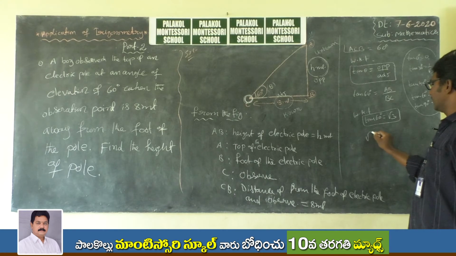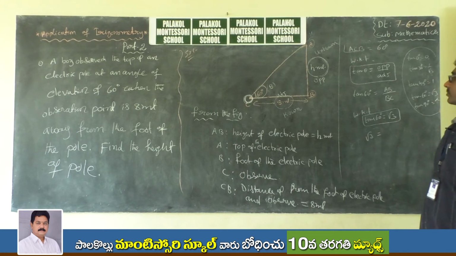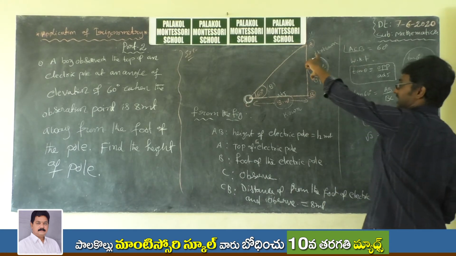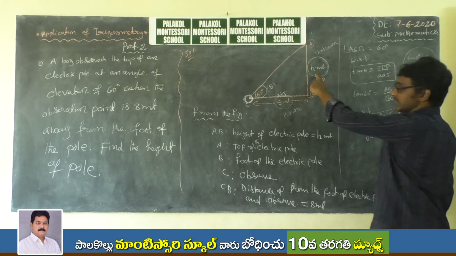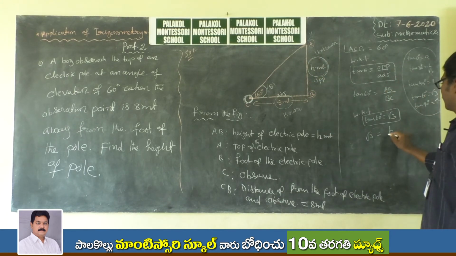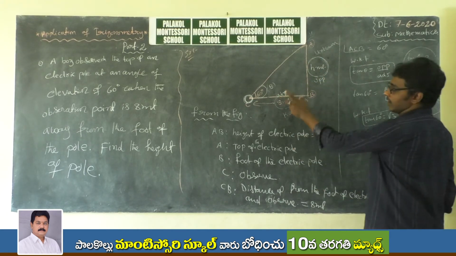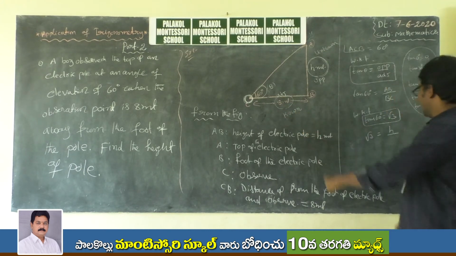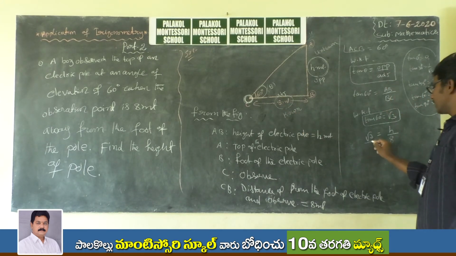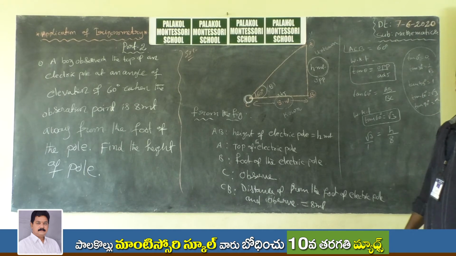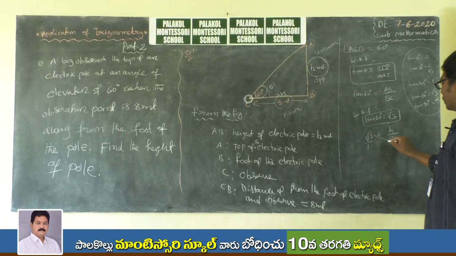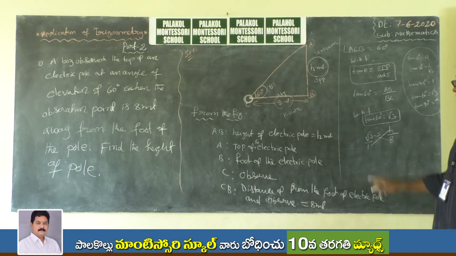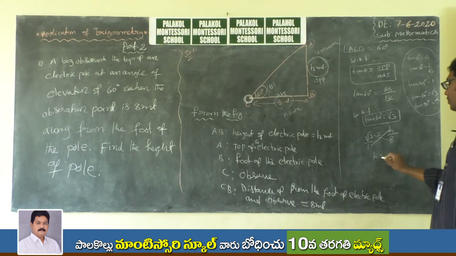So root 3 equal to AB by BC. AB is H here, and BC is 8. Guys, generally the denominator is 1. So by cross multiplication, 1 into H, H is equal to 8 into root 3, 8 root 3 meters.